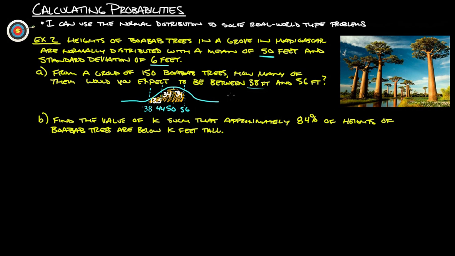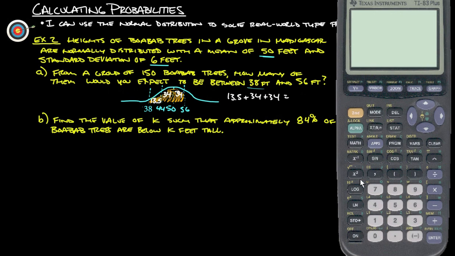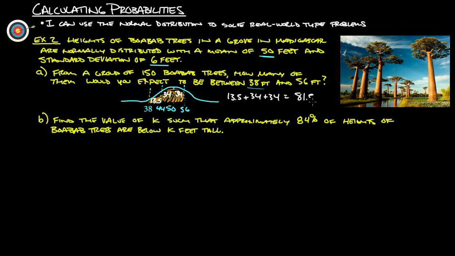So we're going to take 13.5 plus 34 plus another 34, and that's going to tell us about what percent we would expect to be between 38 and 56 feet, right? We pull our calculator out. 13.5 plus 34 plus 34 gives us about 81.5 that we are expecting. About 81.5% of the trees should be between 38 and 56 feet.